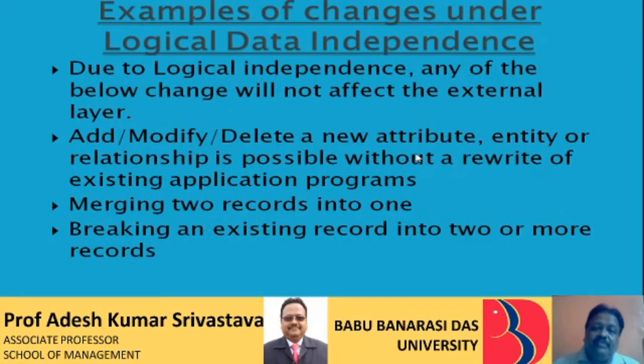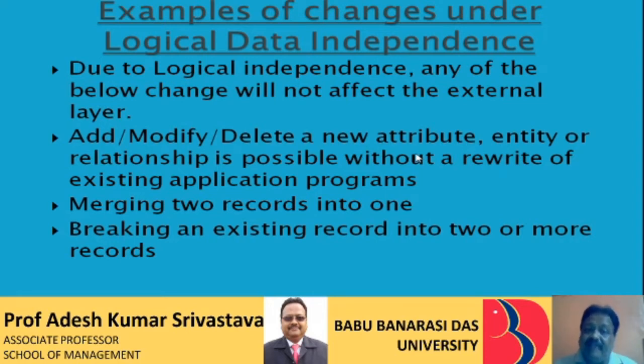Now, examples of changes under logical data independence. Due to logical independence, any of the below changes will not affect the external layer. Suppose we add, modify or delete an attribute, or any entity, or any relationship. It is possible without a rewrite of existing application programs.